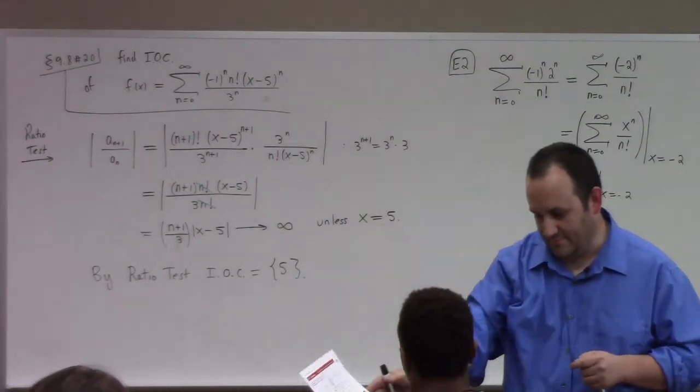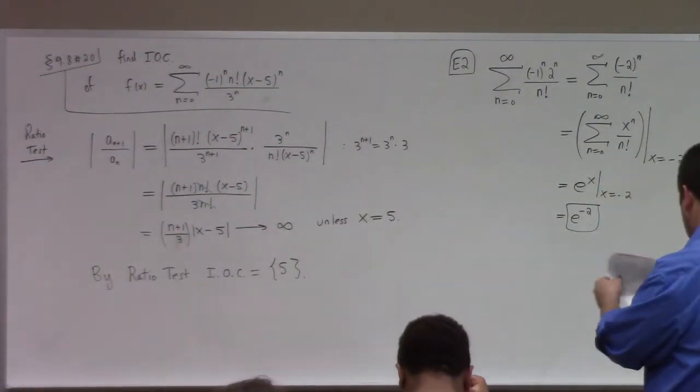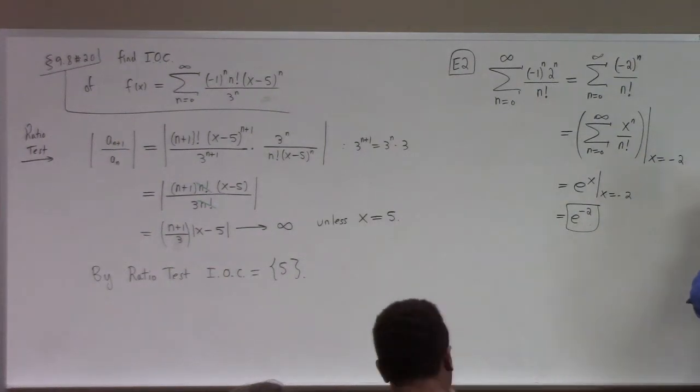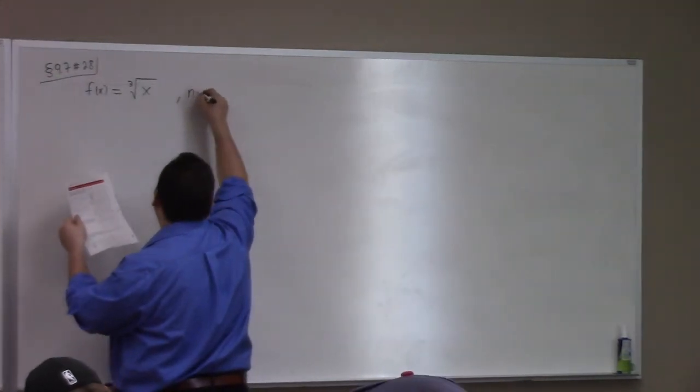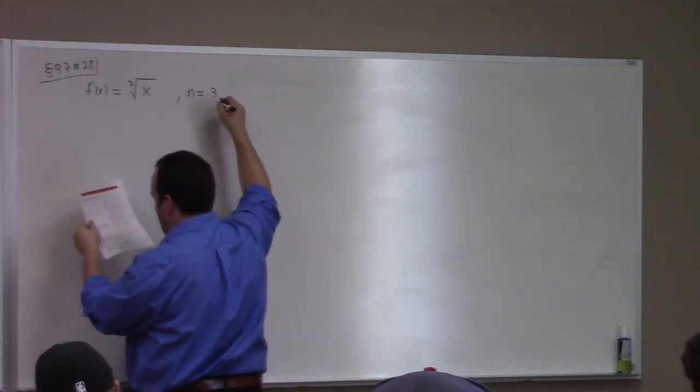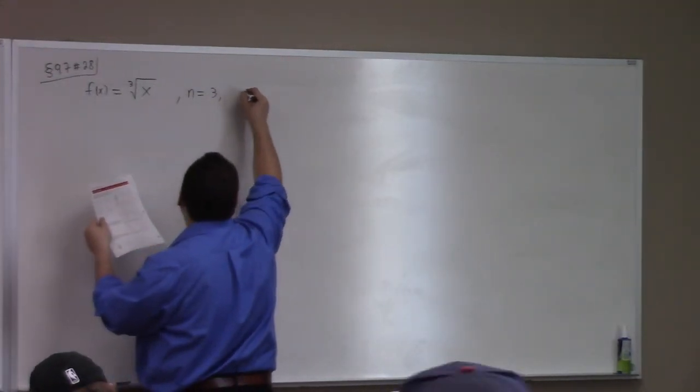Here we're looking at f of x equal to the cube root of x, and it says n equals 3 and c equals 8, whatever that means.